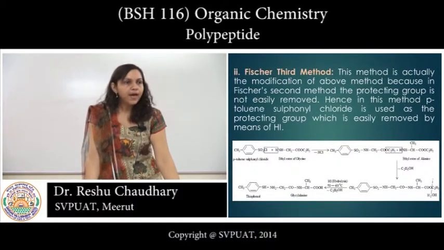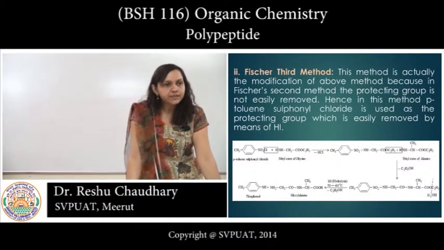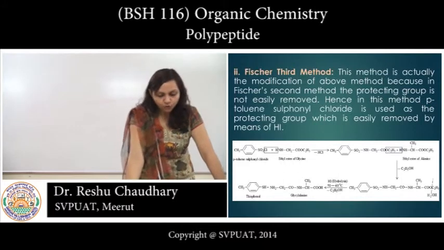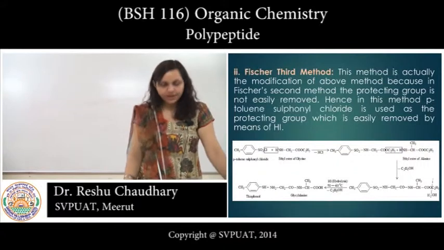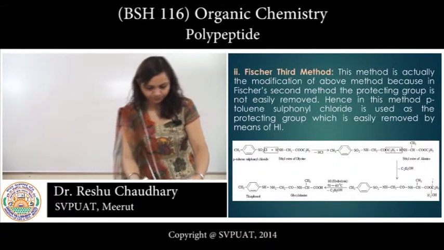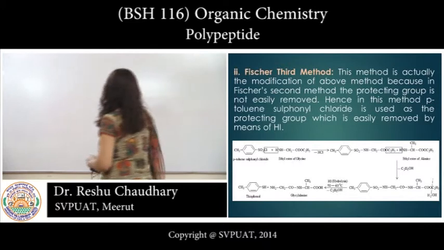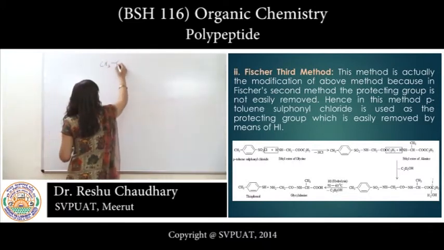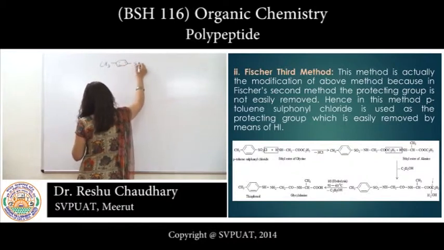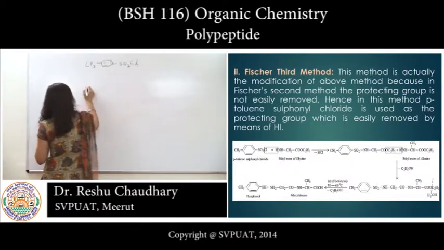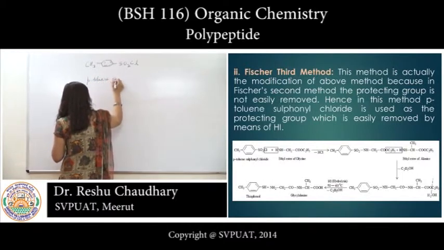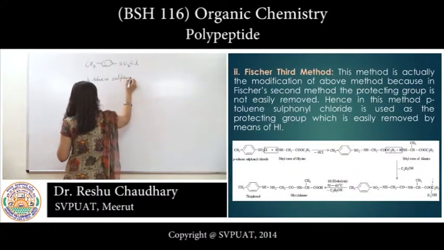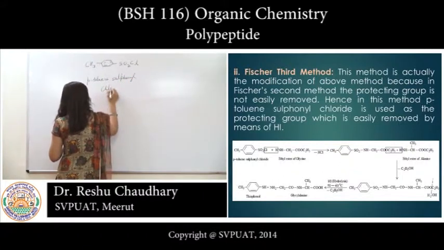Hence, in this method, para-toluene sulfonyl chloride is used as a protecting group, which is easily removed by means of hydrogen iodide, and the reaction will be CH3, SO2Cl. This is para-toluene sulfonyl chloride.